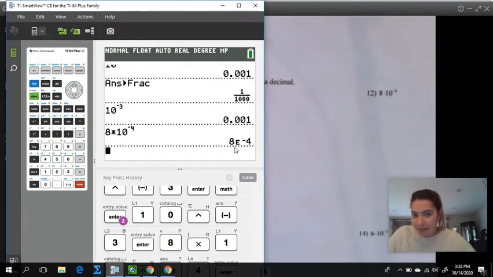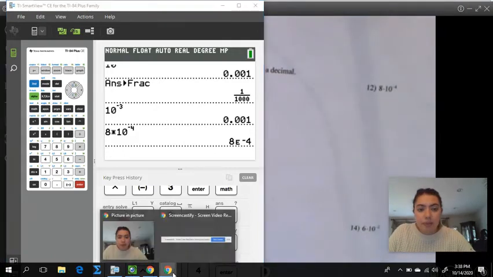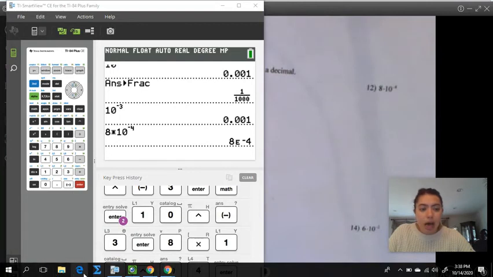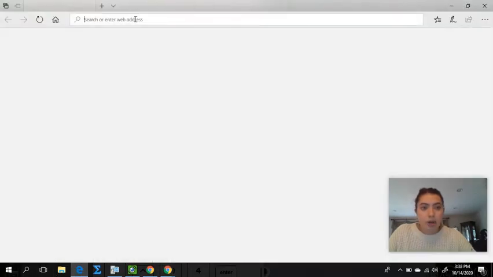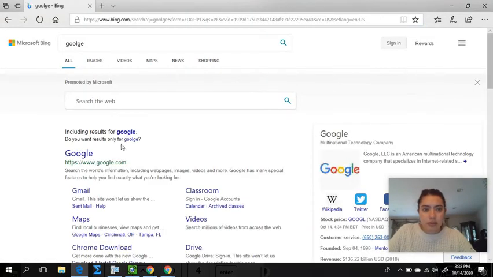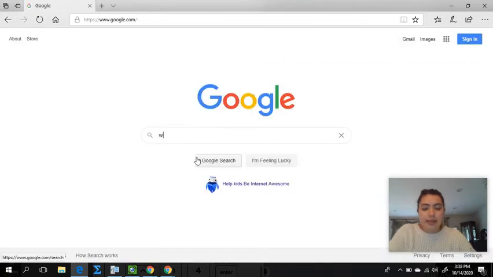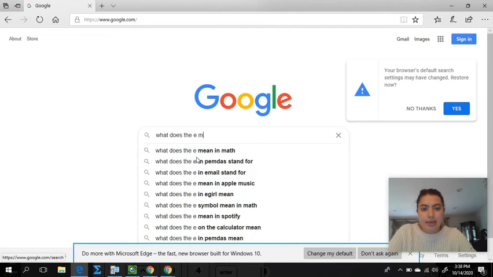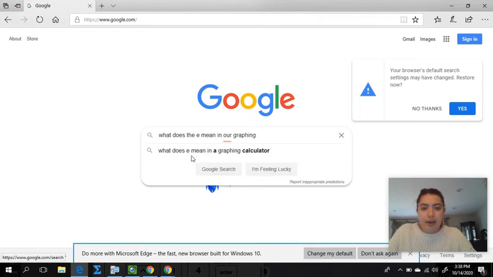Now look at what we have here. We have 8, then this letter e, and then negative 4. What does this e mean? Sometimes we see this in our calculators and we're not really sure. So when in doubt, let's pull up good old Google and ask, what does the e mean in our graphing calculator?